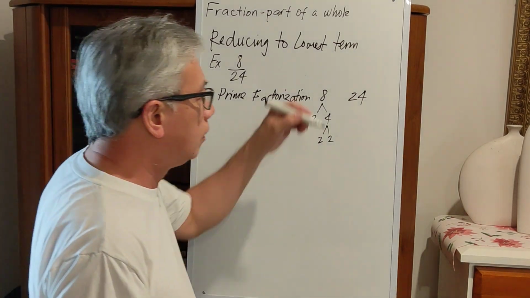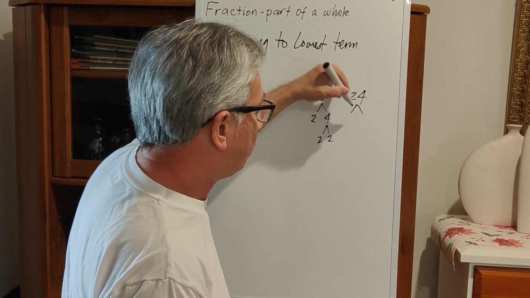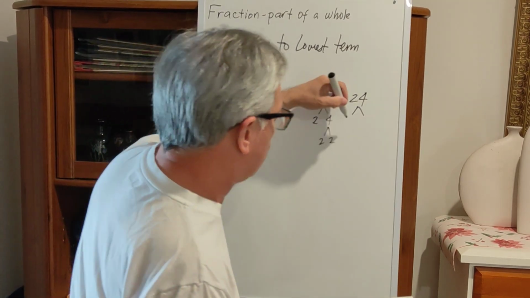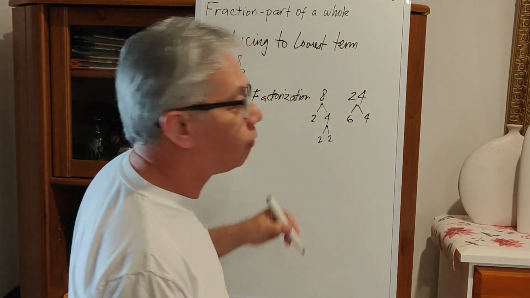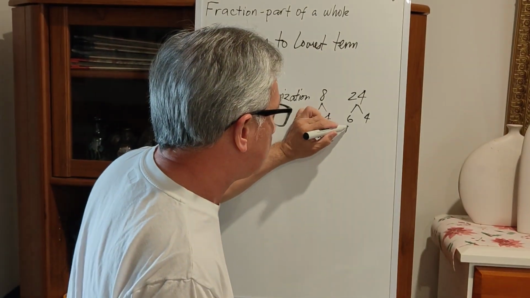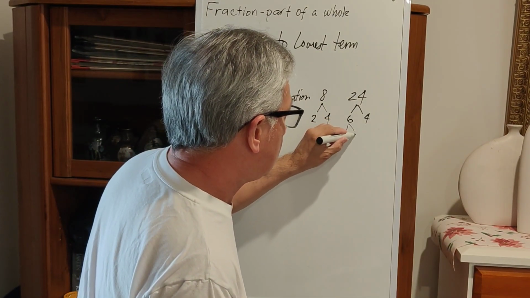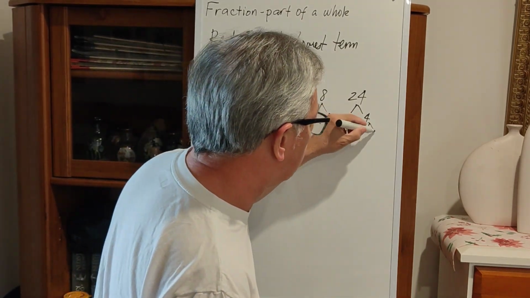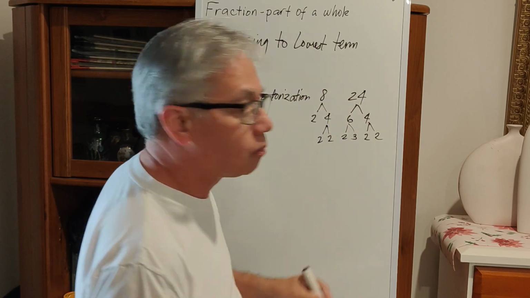Now 24, think of factors of 24. We can make 6 and 4. 6 times 4 is 24. Now this can still be divided into 2 factors. 2 times 3 is 6. And then 4 can still be divided into 2 factors, 2 times 2.